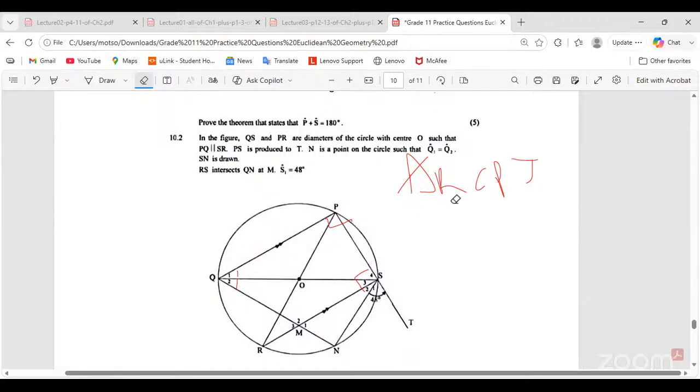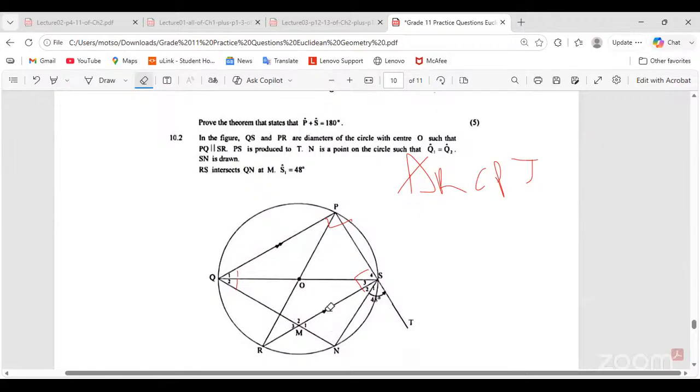That is the cyclic quad, this is the cyclic quad. Therefore, the exterior angle of a cyclic quad will be equal to the interior opposite angle of a cyclic quad. And then this angle and this angle are supplementary, and that one and this one are supplementary.